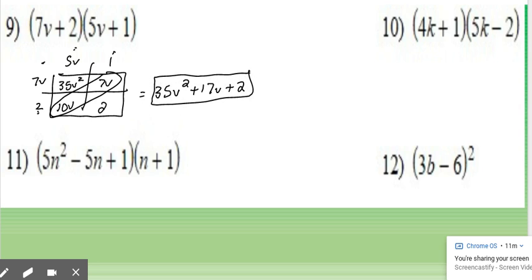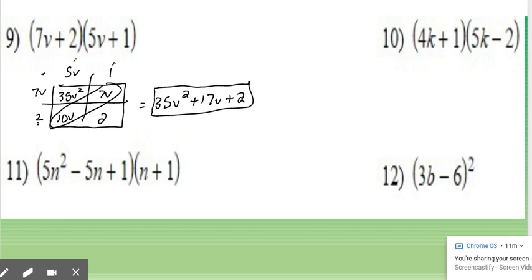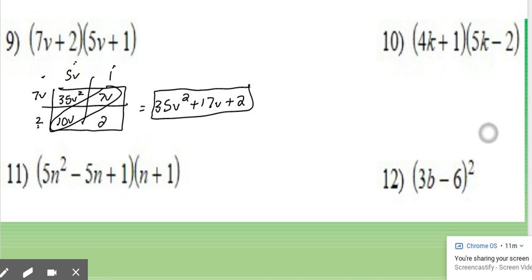Now, before spring break, I did show you the alternate way to do this, so I better show you at least one more time. I like to make the box because it organizes, but I know not everyone likes to do it the way I do. You can do this as a big distribution property problem. So I could just say, I'm going to start with the 4k, and distribute that to this one. 4k times 5k is 20k squared.